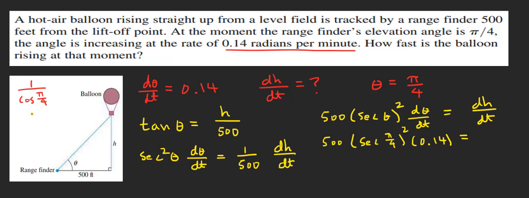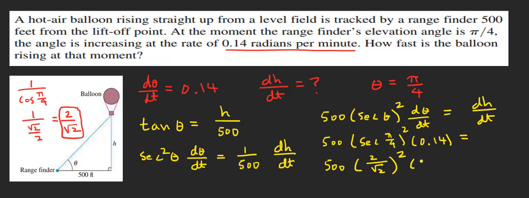And cosine of pi over 4 is radical 2 over 2. So 1 over radical 2 over 2 is going to be 2 over radical 2. So this is going to be 500 times 2 over radical 2, quantity squared, times 0.14. And it's going to be 140.